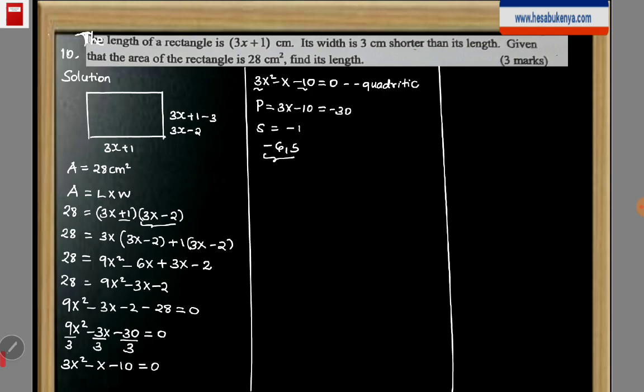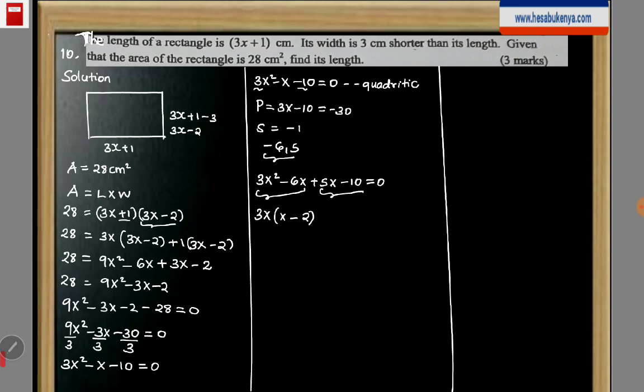So substituting them in the equation, we will have 3x squared minus 6x plus 5x minus 10 is equal to 0. So comparing these first two terms, 3x is common, so we factor it out to have x minus 2.